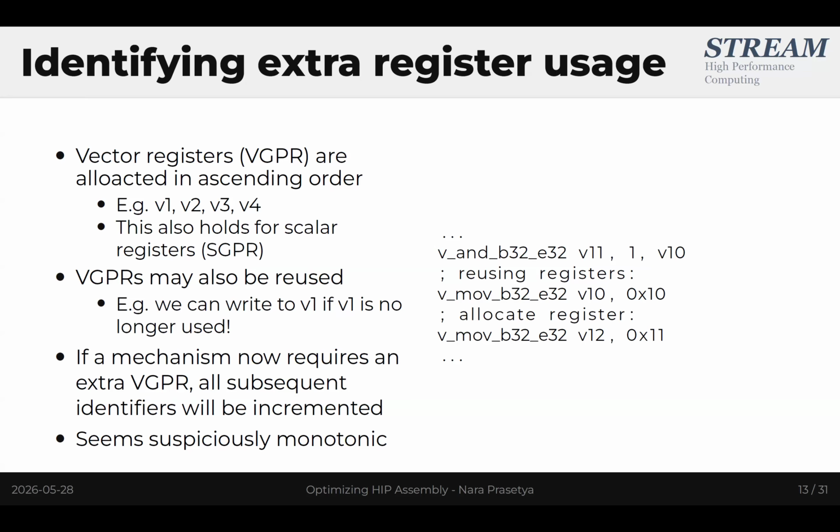These registers are usually allocated in ascending order. And if something is freed up, then it will reuse it. But generally, there will be this monotonic trend. So first we allocate V1, then we allocate V2, etc. Here you can see we have V11. We can reuse an earlier V10 register, but we can also allocate a new register to be V12.